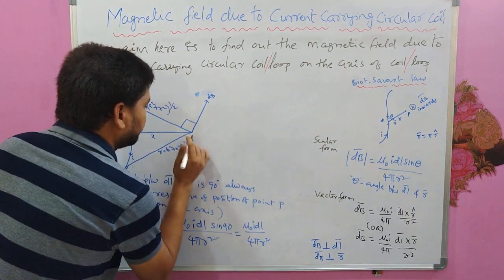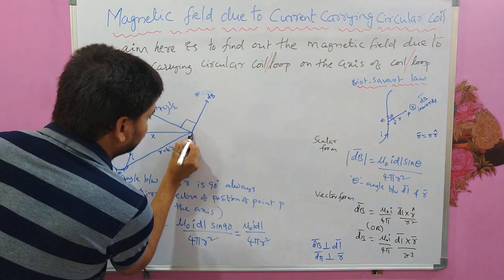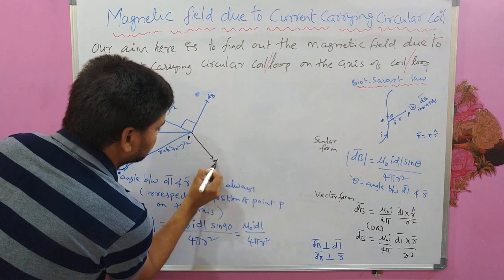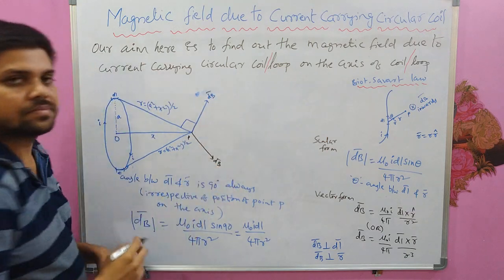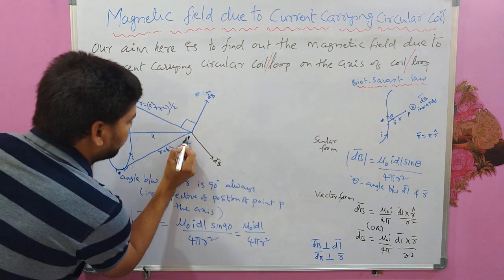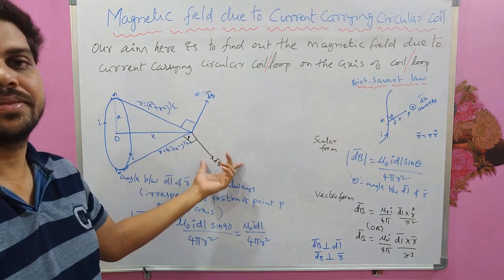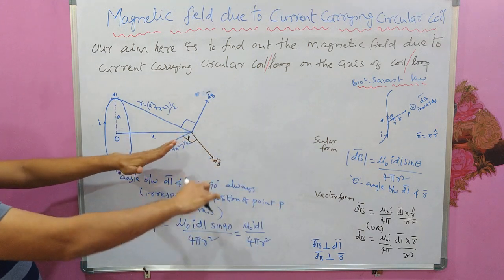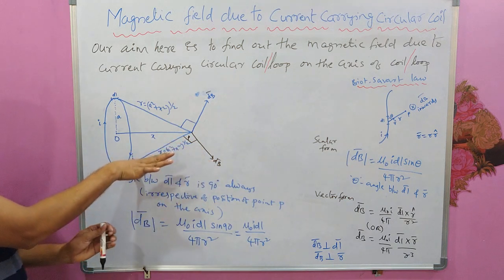So what is the magnetic field direction now at this point? This is going to be this, with angle 90 degrees with this r, perpendicular to r. Okay, so here like this.